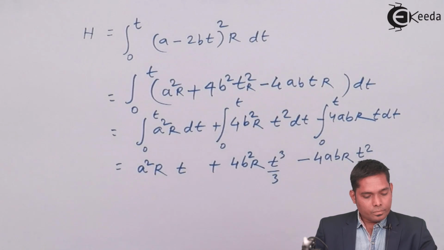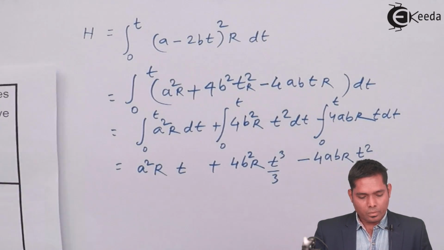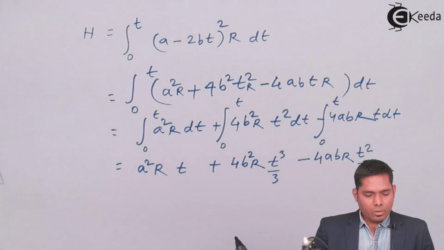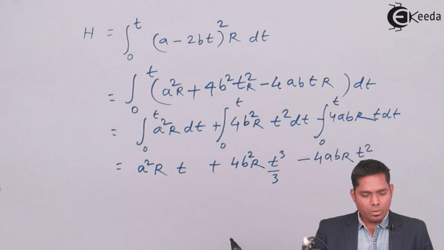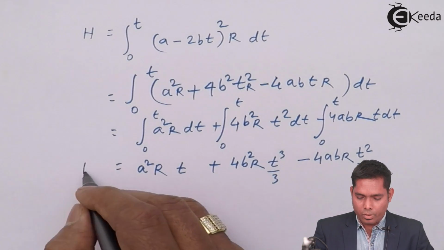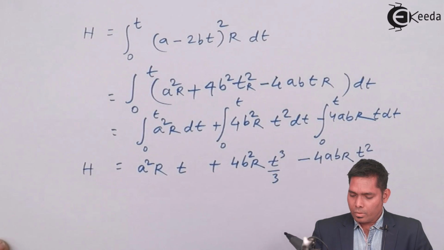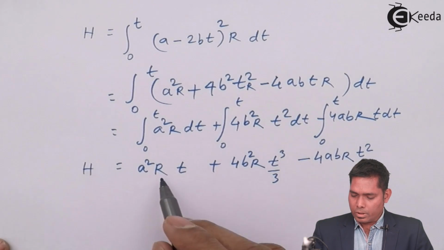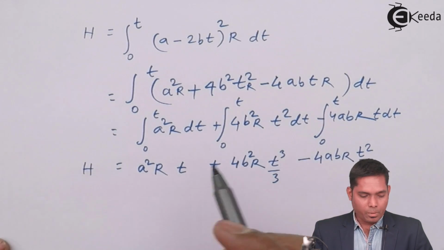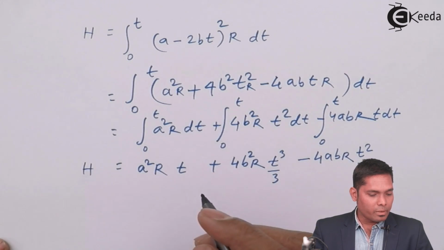Now, the heat produced in time is not given, so obviously the heat produced will be a function of time. So this is the heat produced, but time is not given.